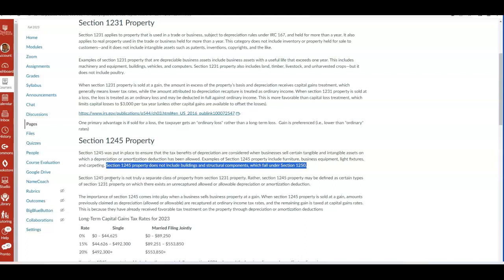Rather, Section 1245 property may be defined as certain types of Section 1231 property on which there exists an unrecaptured, allowed or allowable depreciation or amortization deduction. Unrecaptured means still not recovered.